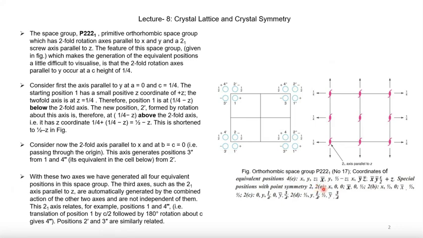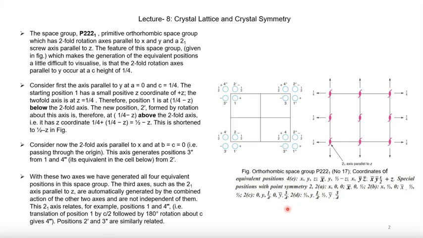So 2A has this position X 0 0 and X bar 0 half. 2B has X half 0 and then X bar half 0. 2C is 0 Y 1/4 and 0 bar Y 3/4, and 2D is half Y 1/4 and half bar Y 3/4.